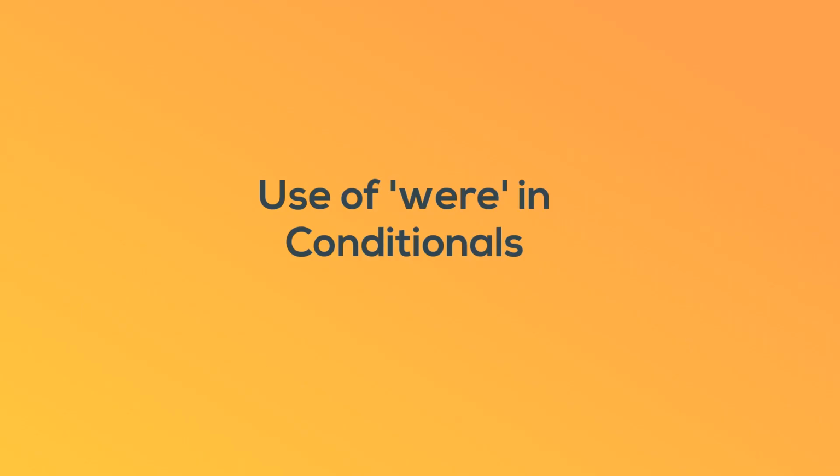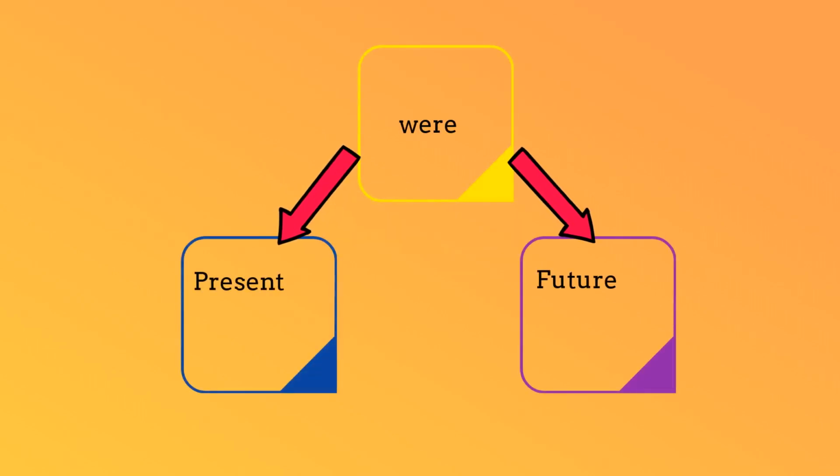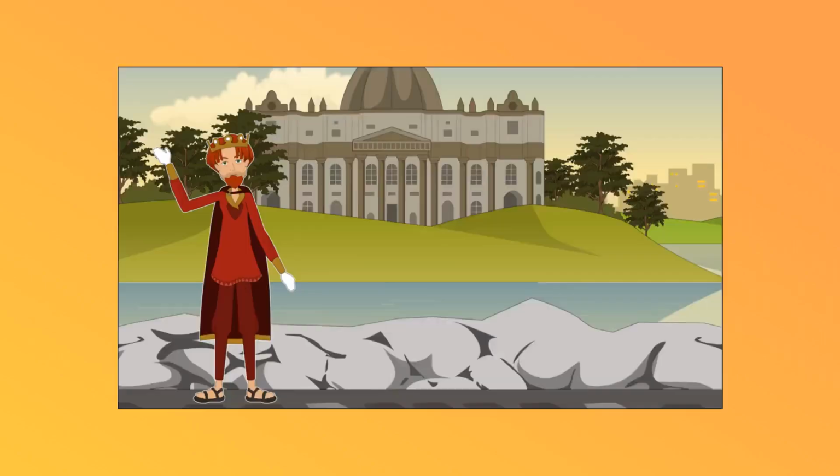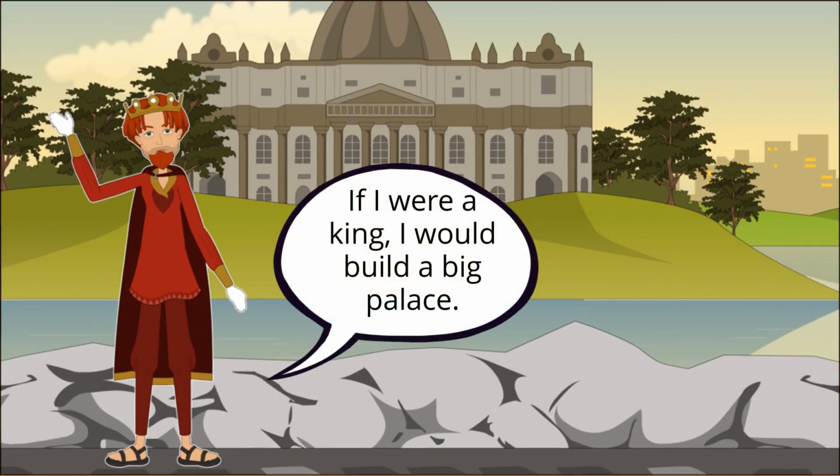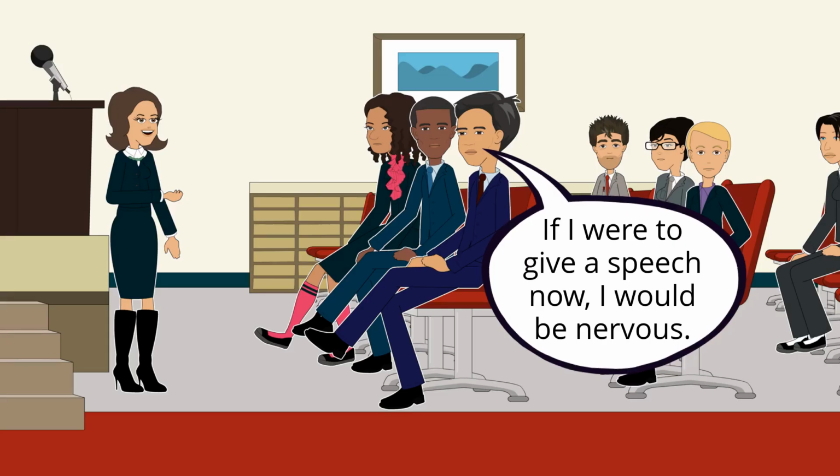Use of were in conditionals. The use of were applies to present and future conditionals. For example, if I were a king, I would build a big palace. If I were to give a speech now, I would be nervous.